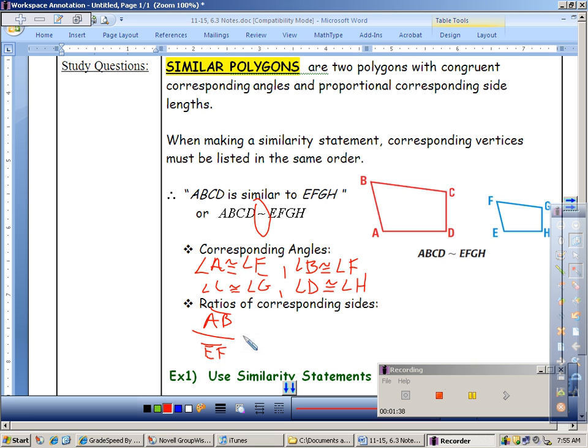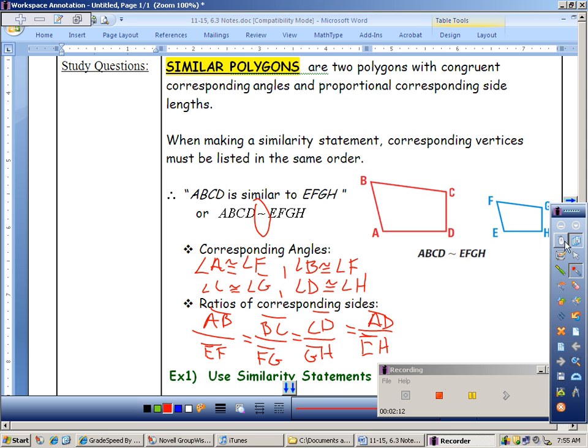That ratio will be equal to segment BC over segment FG, which will be equal to segment CD over GH, and segment AD over EH. So the corresponding angles are congruent. The ratios of corresponding side lengths are also the same. So the shapes are proportional.